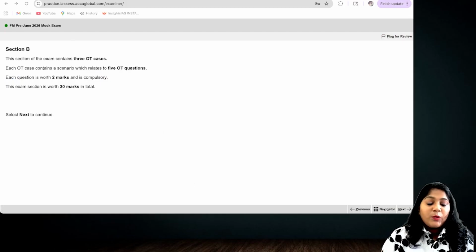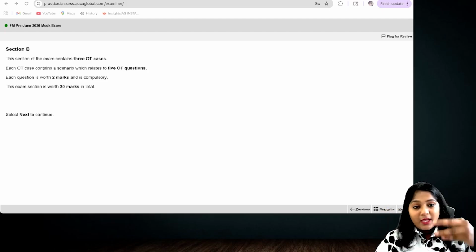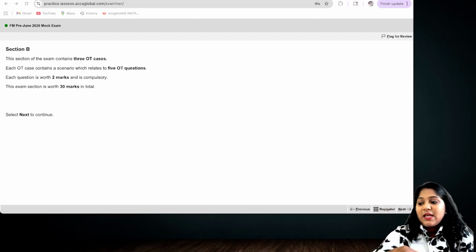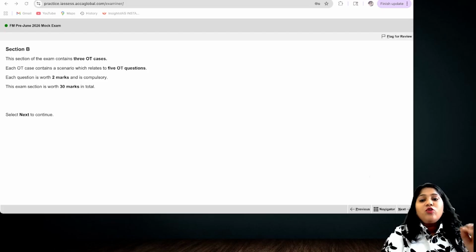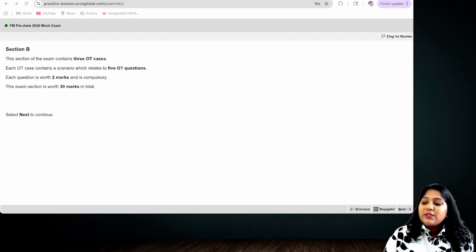We have taken approximately 45 minutes to complete the whole section A, but here I have explained in depth. If I do it on my own, maybe I'll take only 30 minutes. In the exam also, in section A, you should be able to complete within 30 to 40 minutes, provided you know the questions.